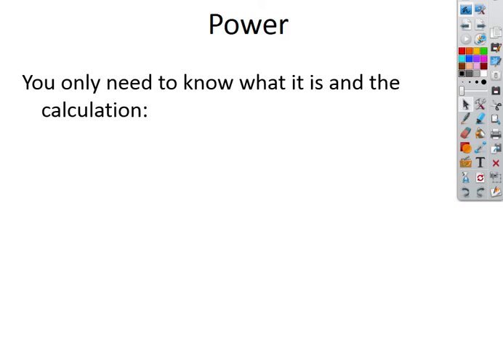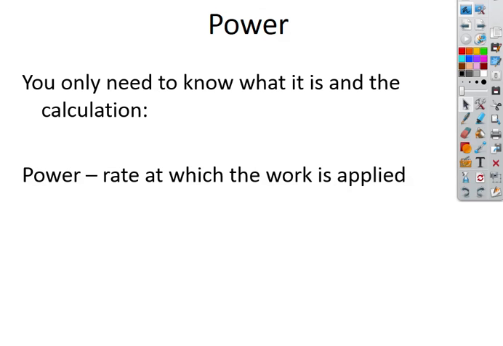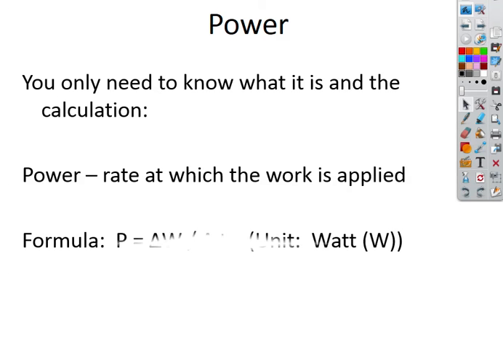So, for power, like I said, you only need to know how to do the calculation. Power itself, the definition is the rate at which work is applied. We're saying how fast is work being done. And so, therefore, the formula is the amount of work being done divided by time. How quickly are you doing that work? The unit for power is the watt. You really don't need to do that much more with power other than that.